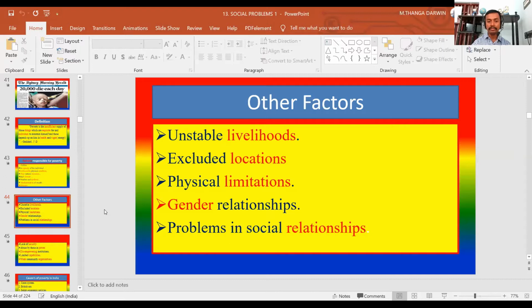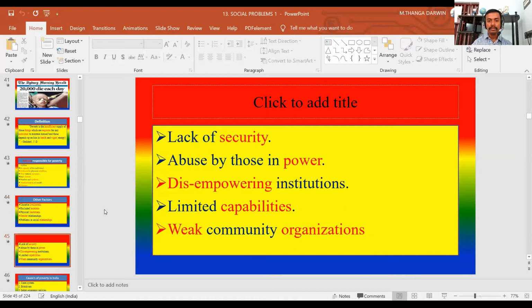Then social relationships and different problems, mainly problems in families and other sections of society. The lack of financial security. Then abuse of power: for example, higher sections of people or political people have more power and misuse that power.